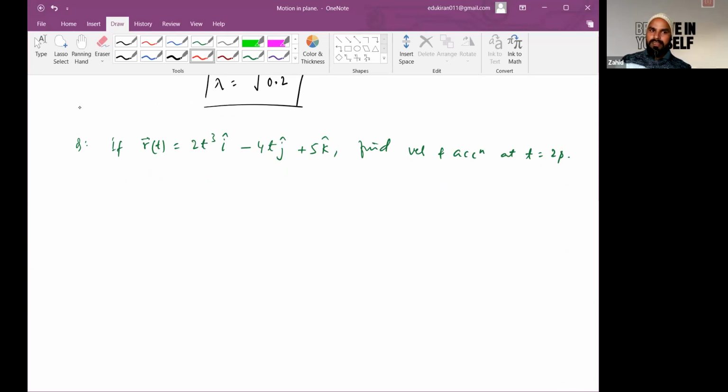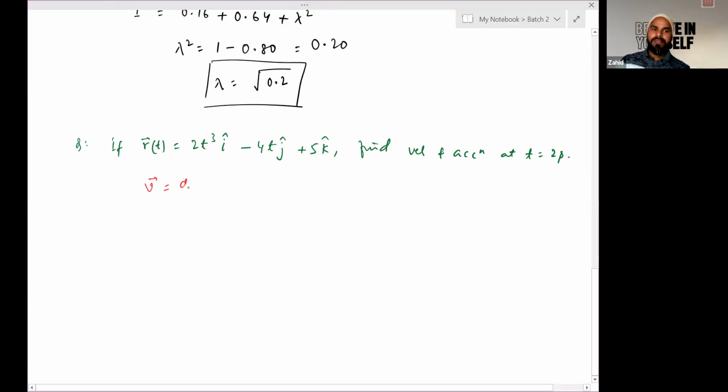We have r as this. So velocity will be dr over dt. In this r, we have 3 different terms along the x component, y component, and z component. So we have to differentiate them individually. So it will be 2 as coefficient.